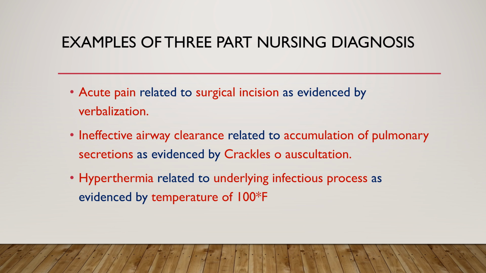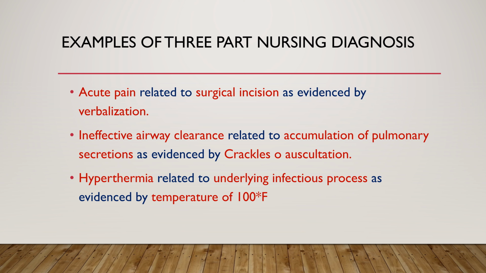So here are certain examples of three-part nursing diagnosis. For example, acute pain related to surgical incision as evidenced by verbalization. Here we can see the three parts: acute pain, surgical incision and verbalization. Acute pain is the problem, surgical incision will be the cause or etiology, and verbalization will be the defining characteristic.